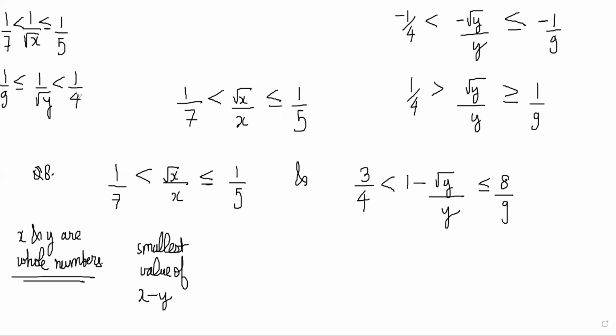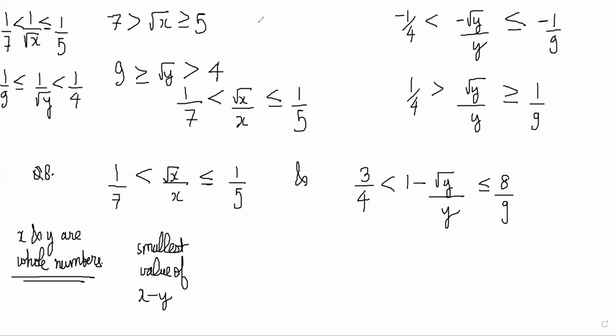The fairly obvious thing to do is to invert everything. If you invert everything, the inequality sign will change, because these are fractions. So 7 is greater than root x is greater than or equal to 5, and here you get 9 is greater than or equal to root y is greater than 4.